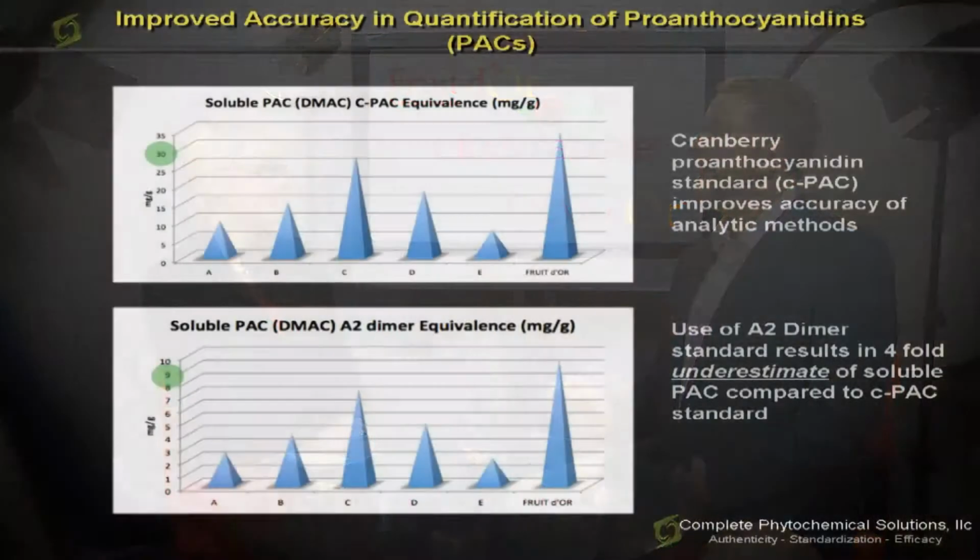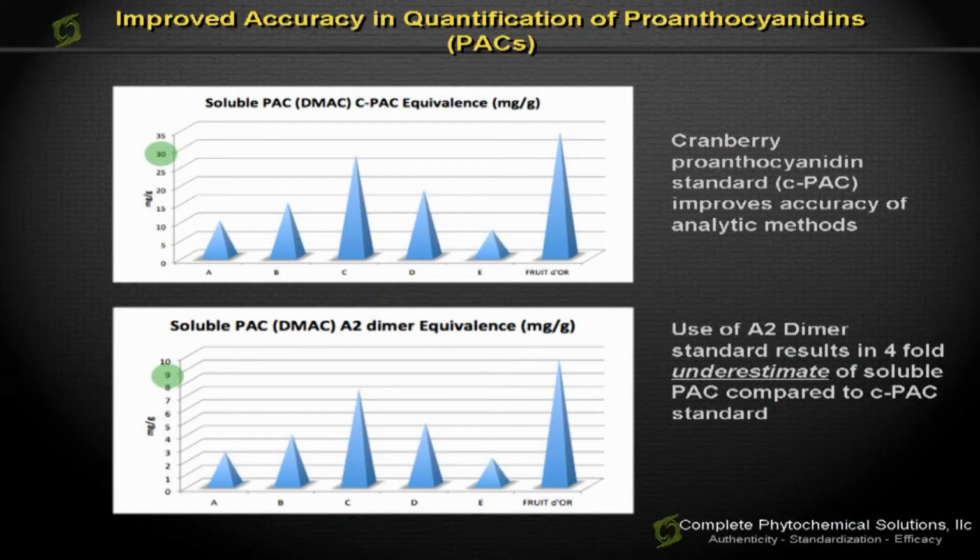Now, interestingly, the rate of that reaction is different from a dimer to a trimer to a tetramer to a pentamer. As the chain length grows, the amount of color changes. So what we're getting at here is that an A2 dimer tends to underestimate the total amount of proanthocyanidin by about 4-fold.